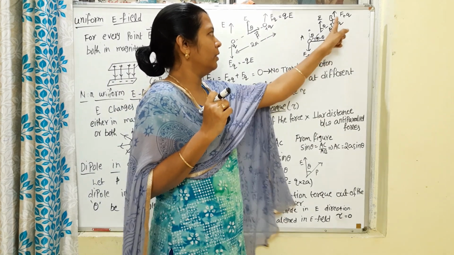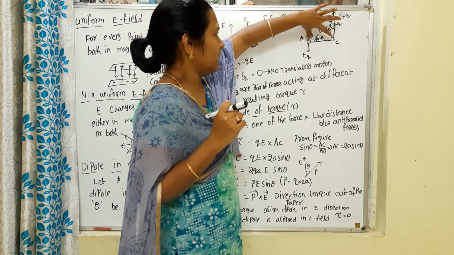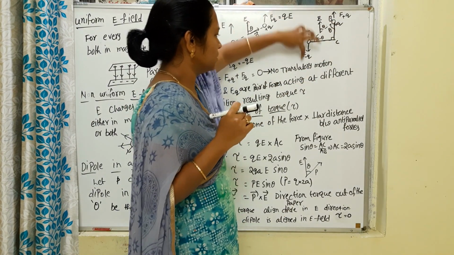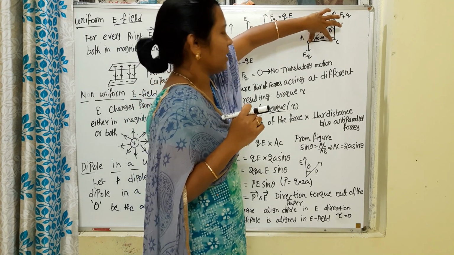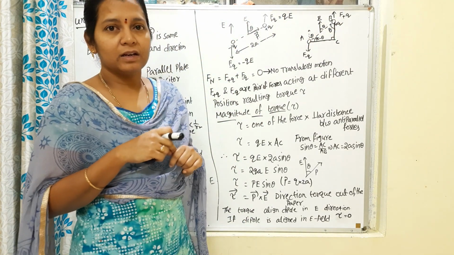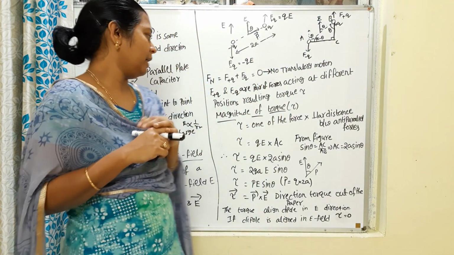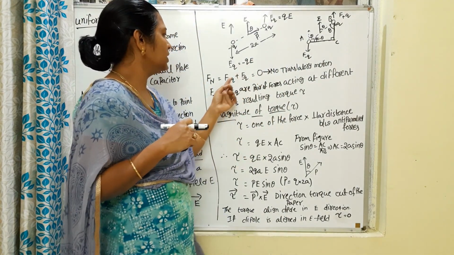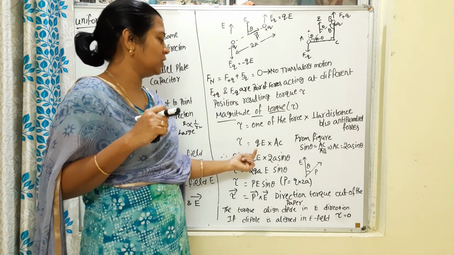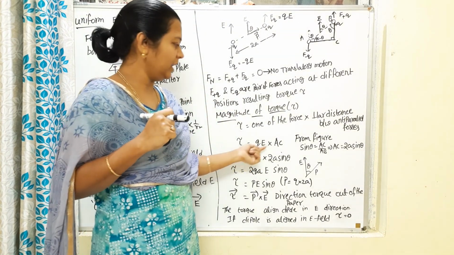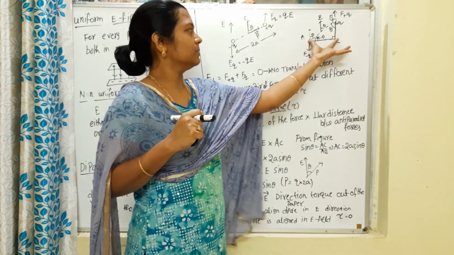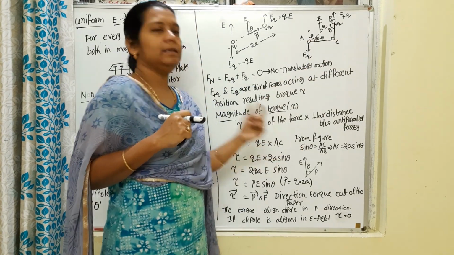These are the lines in which the forces are acting, and this gives the perpendicular distance between the pair of forces, nothing but AC. One of the forces is the magnitude of the force, because we are considering magnitude, QE, into the perpendicular distance between the pair of forces, AC.